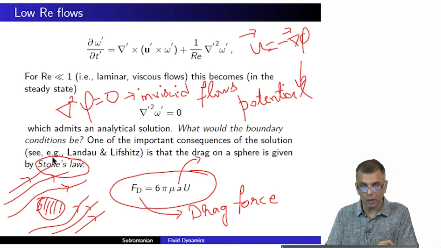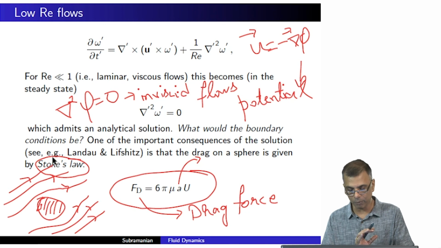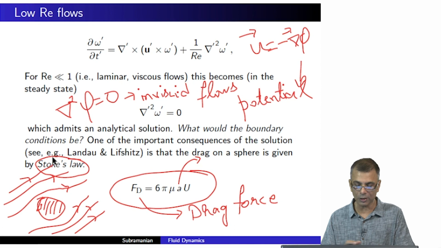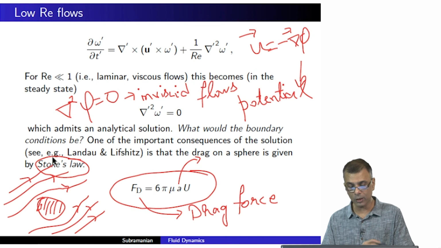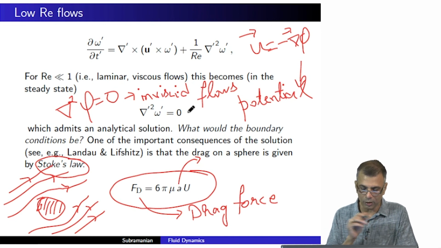Very important law. This holds only for the case of a perfectly smooth sphere. There are many specializations that go into this law. It's been experimentally verified to a great degree of success, but this is a very important law. I'm not going into the details of how exactly this drag law is derived from the solution to this.